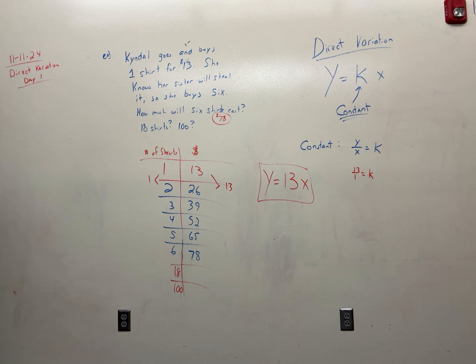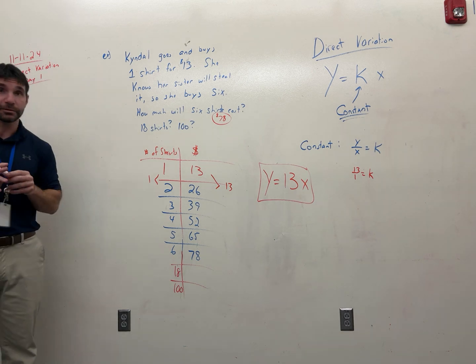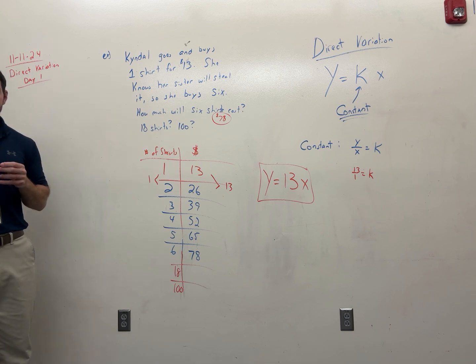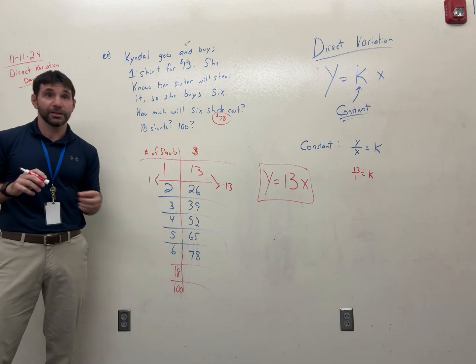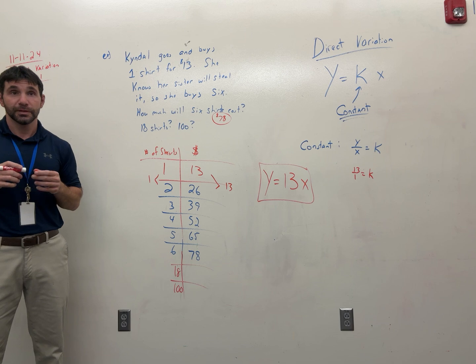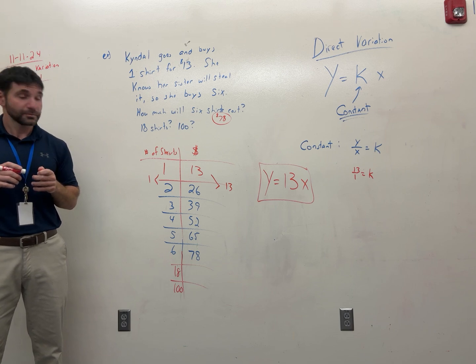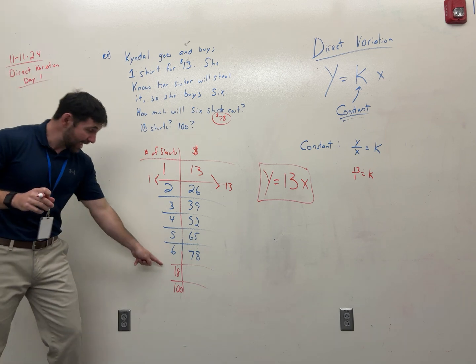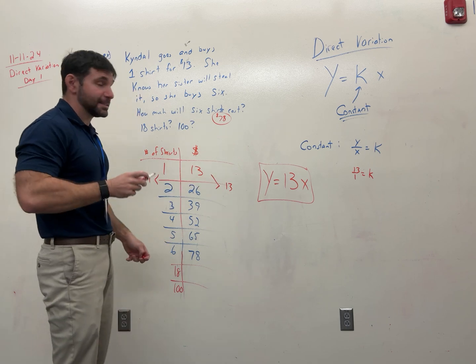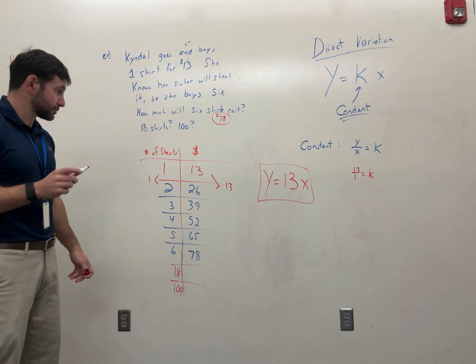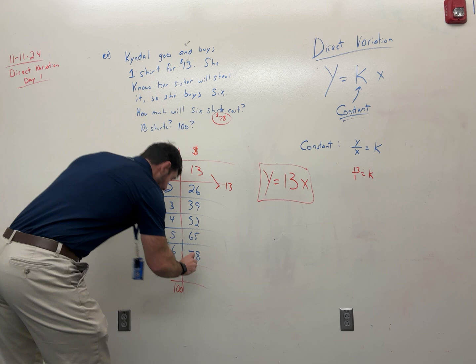Still with me? Now, what do I substitute 18 in for? Where does 18 go into this equation? X or y? I would have X, because shirts is x. So what's 13 times 18? 234.